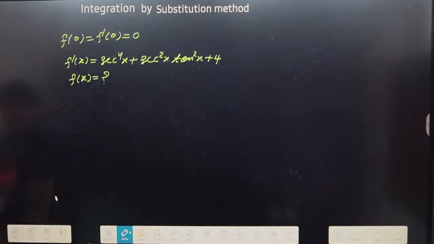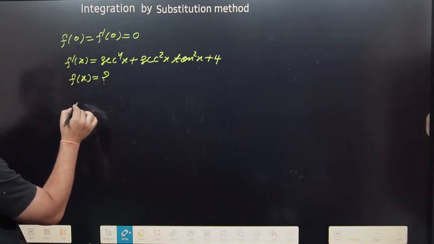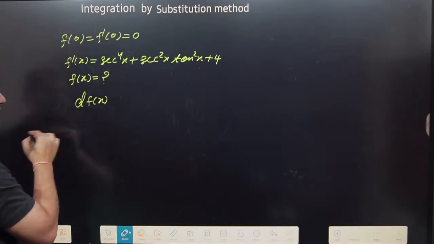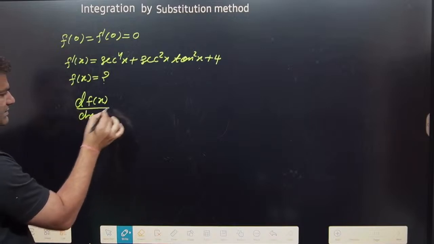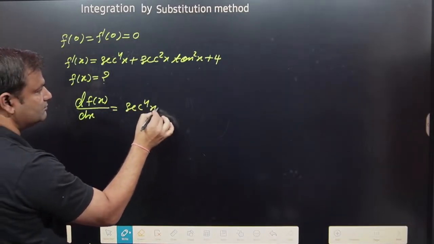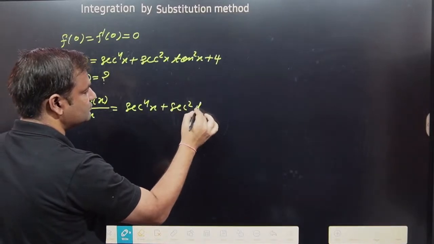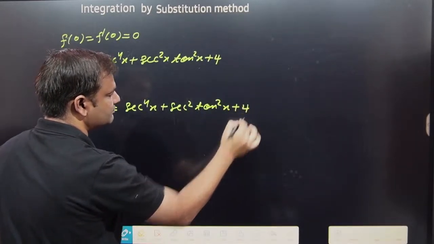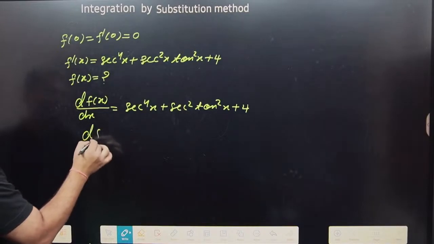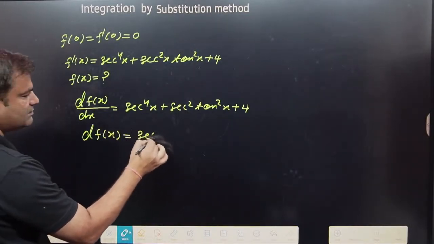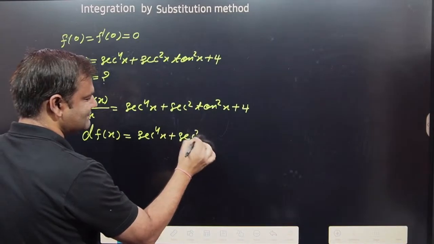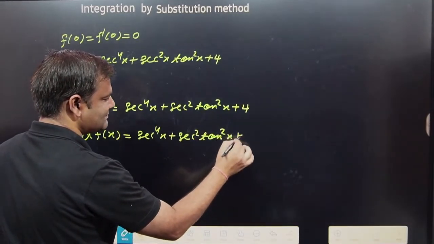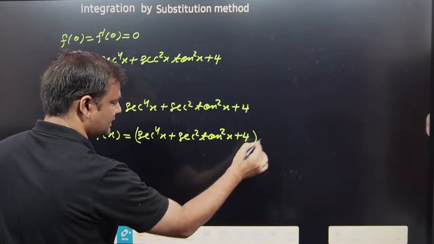Okay, how can we do this? Simply, here f prime x is given. What is the meaning of this? That is, the differentiation of f of x, d f of x by dx, is equal to this expression into dx.